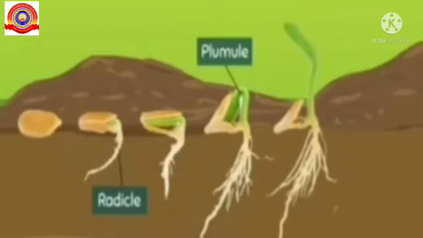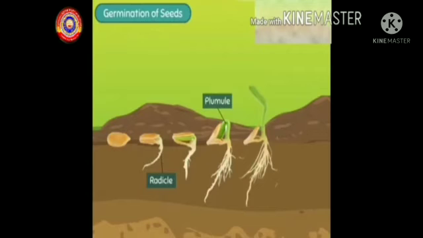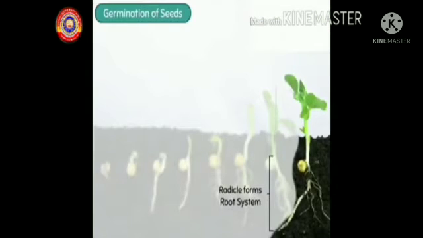The radicle develops to form the root system and the plumule develops to form the shoot system. The shoot system consists of stem, leaves and branches. And finally, a seedling is formed with both root system and shoot system.